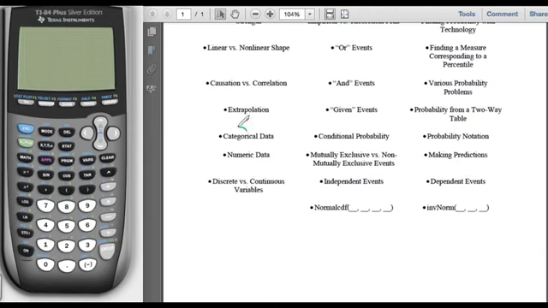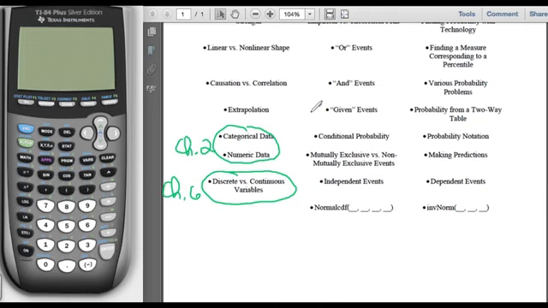But just to wrap up the terminology, know the differences between numerical and categorical data. That goes back to chapter 2. That's a review. Discrete and continuous come from chapter 6. Mutually exclusive versus non-mutually exclusive events.